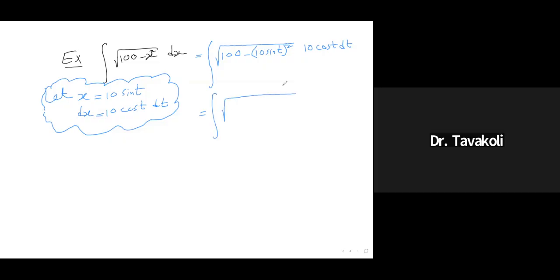Under the radical, we have 100 minus 100 sine squared of t, and then times 10 cosine t dt. Under the radical, both terms have 100 in common. I can factor that out: 1 minus sine squared t, then 10 cosine t dt. 1 minus sine squared is cosine squared.